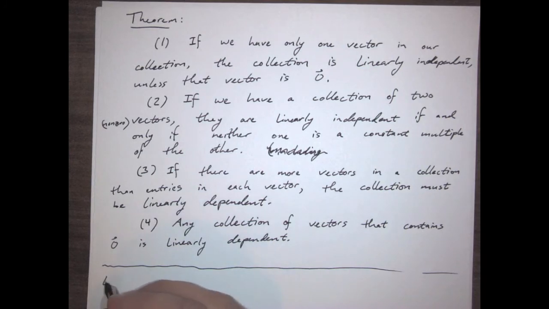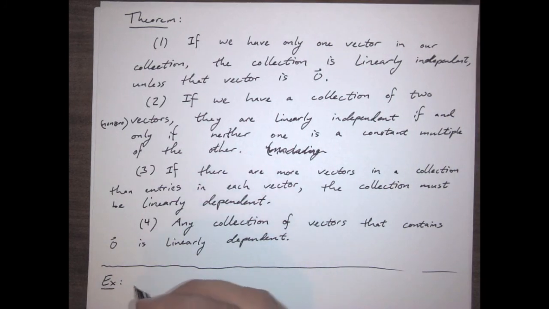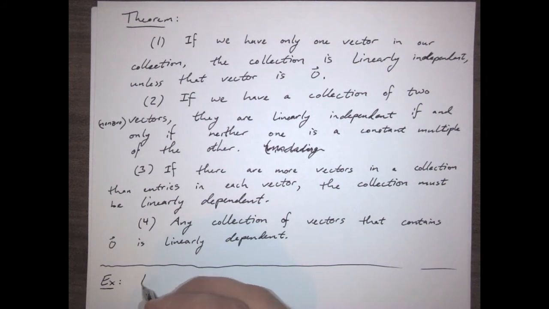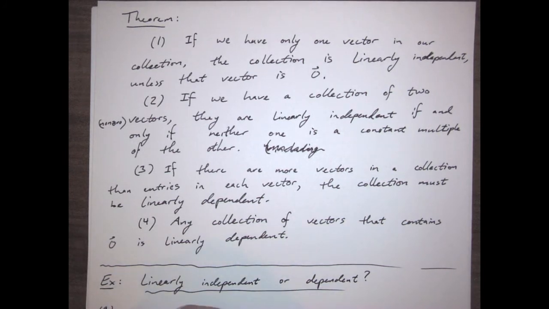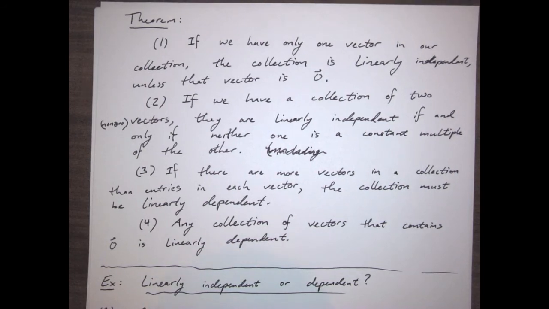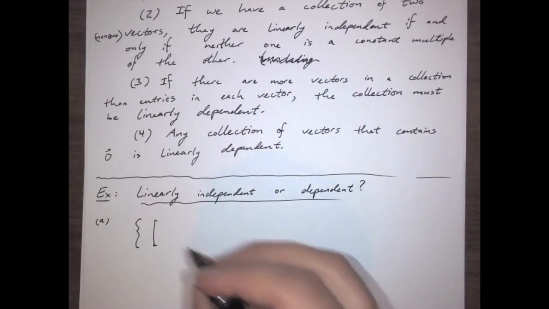Let's try an example here. Linearly independent or dependent. What's going to follow is a collection of vectors, and it's up to us to make the determination. So for the first one, let's take a little collection, where the squiggly bracket indicates a collection.